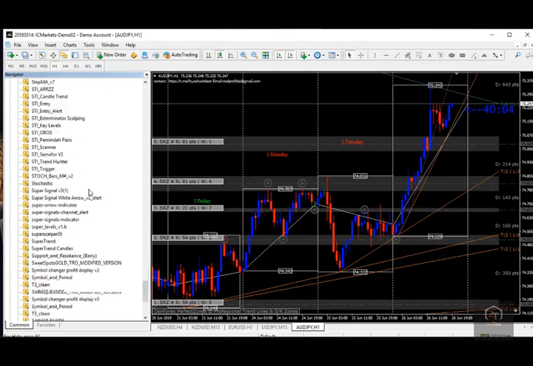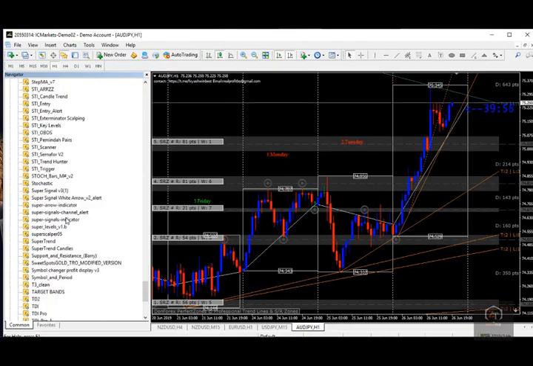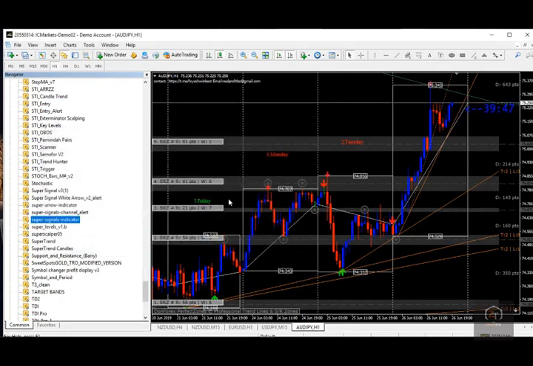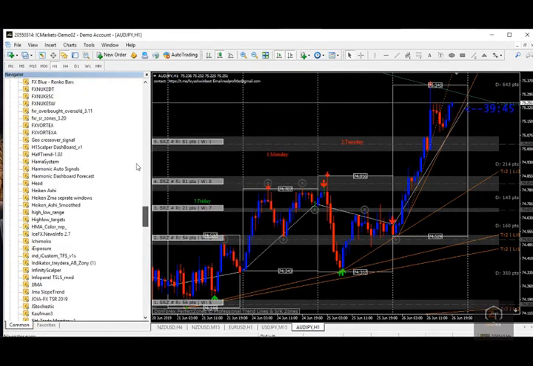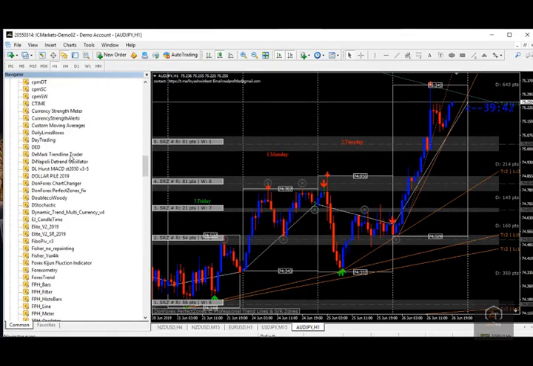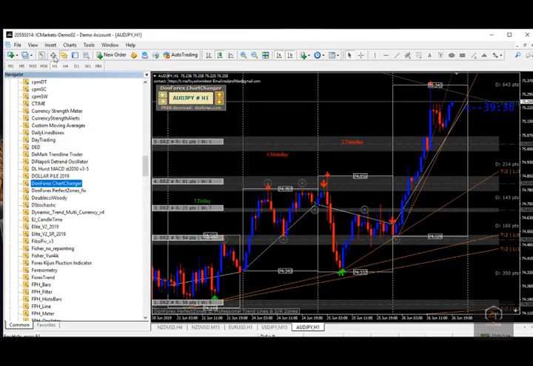What is it that available? Okay, there it is. Super arrow indicator, you can Google, you can search for it online, and super signal indicator, you can search for it online. That's 2 indicators I have. And what else again do I have? The Forex charts changer. Okay, boom, that's all.